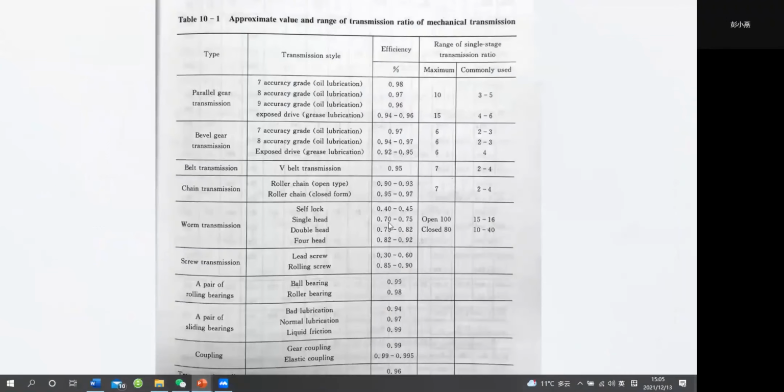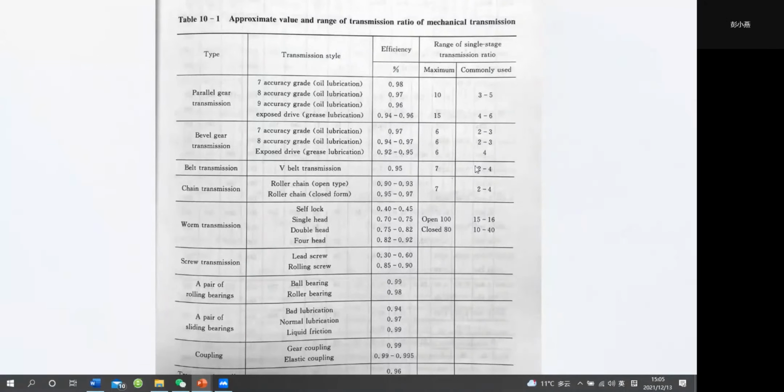From this table, we find the belt transmission. For the belt transmission, the recommended transmission ratio or speed ratio is within the range from 2 to 4.